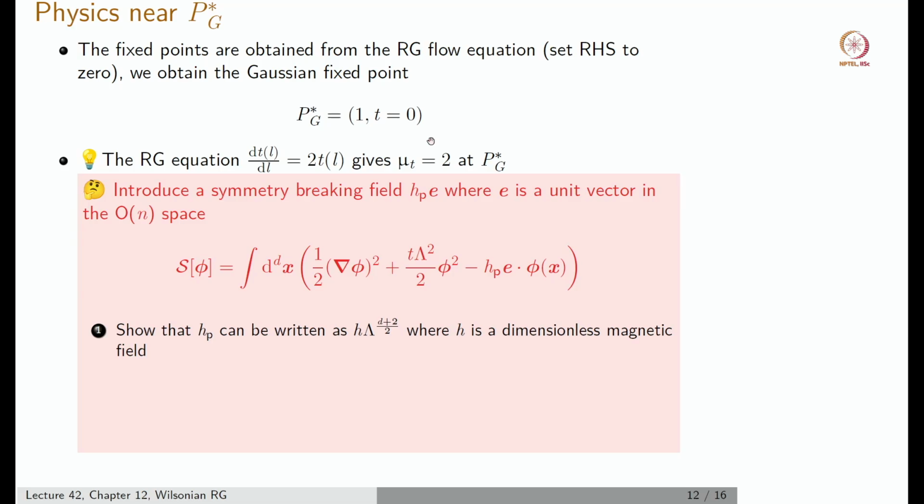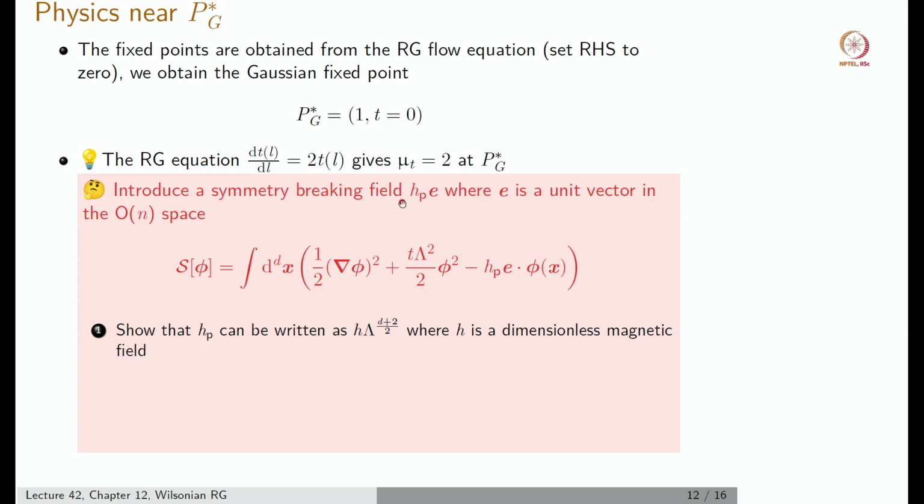Now before we proceed, I would like to suggest that you do a certain exercise so that you will get familiarized with this. Remember that this Gaussian theory we started off with and perturbed by this t lambda squared by 2 had O(N) symmetry.